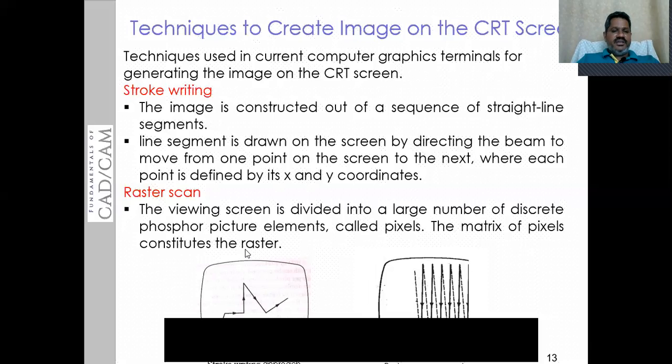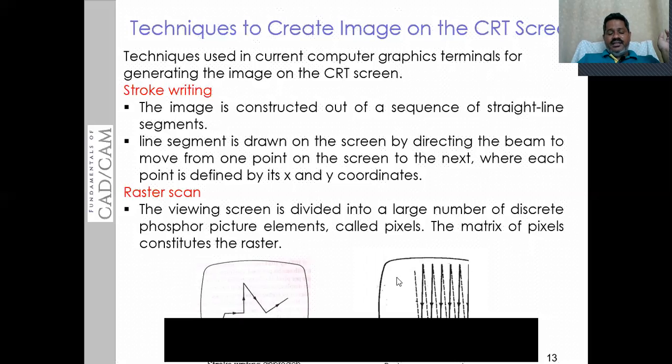The matrix of pixels constitutes the raster. Raster means moving the beam line by line. The moment the electron beam moves from left to right, after coming to the end point, again it will start from the start point.